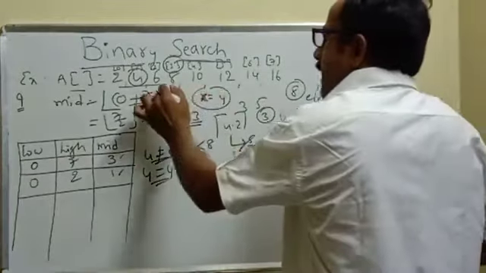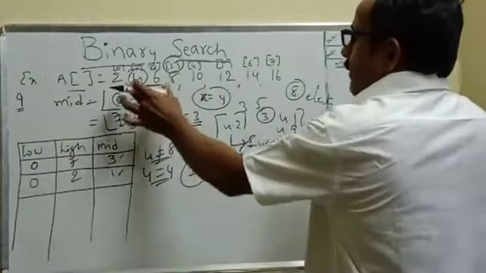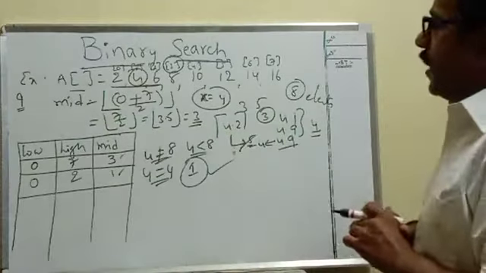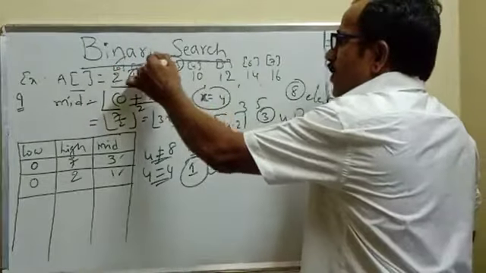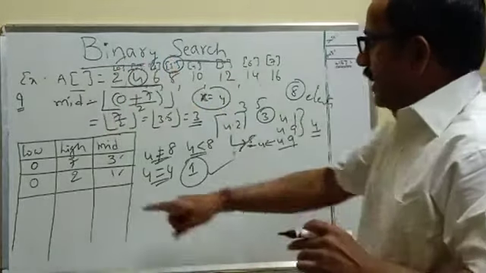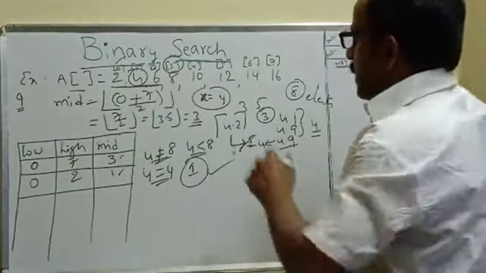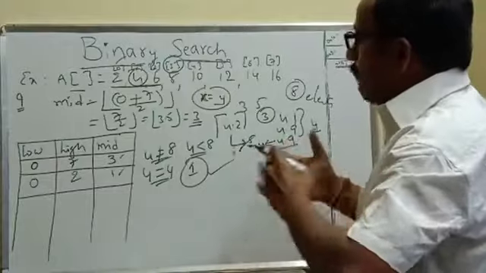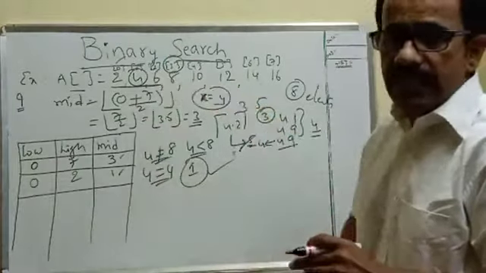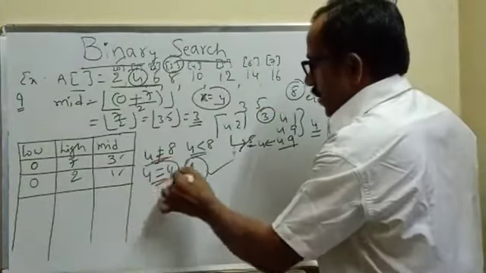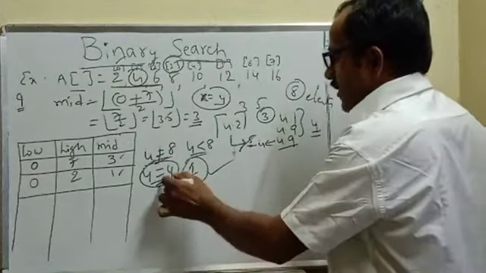That's why I selected the left side portion of the mid, containing 3 elements. Initial location number is 0, last location number is 2, then the mid location number is 1. Now I compared the first location element with the searching element. Both are matched, 4 is equal to 4. Then I got search is successful.